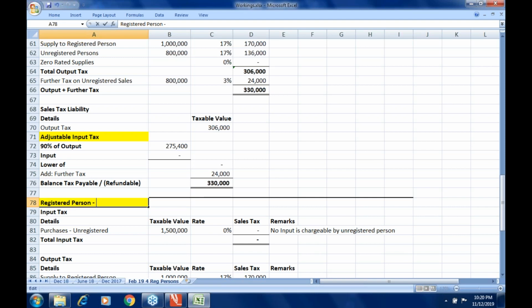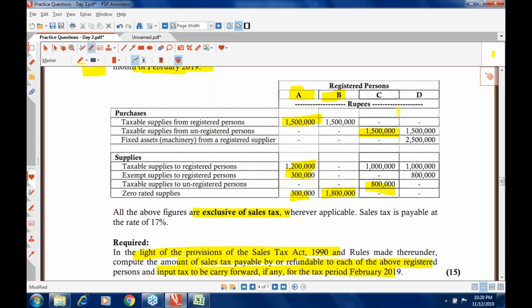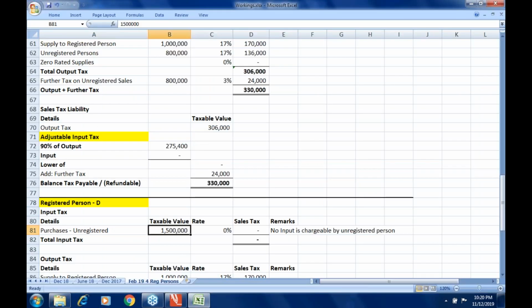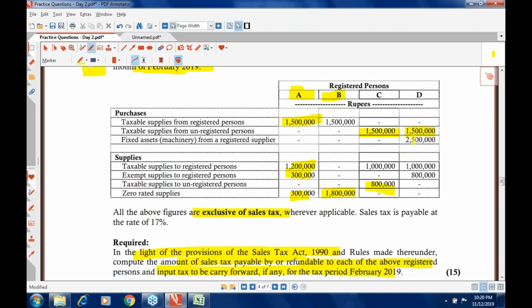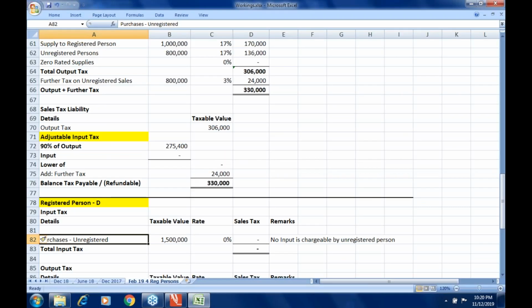The registered person D has taxable supplies from an unregistered person of 1.5 million. Next, it says the fixed assets of 2.5 million.